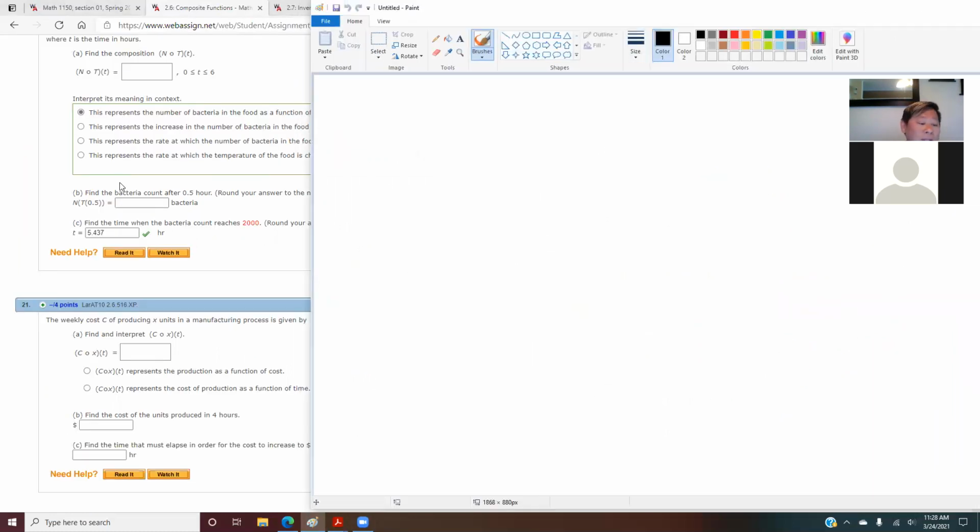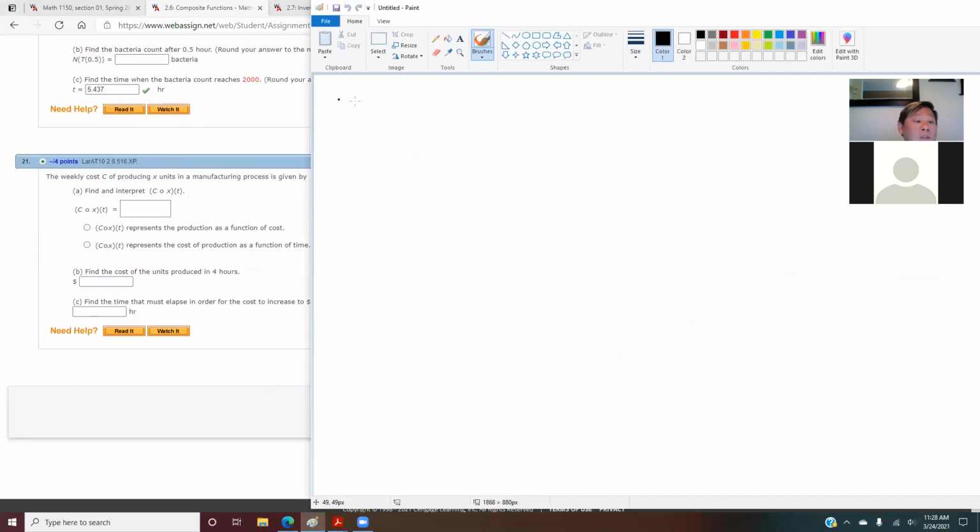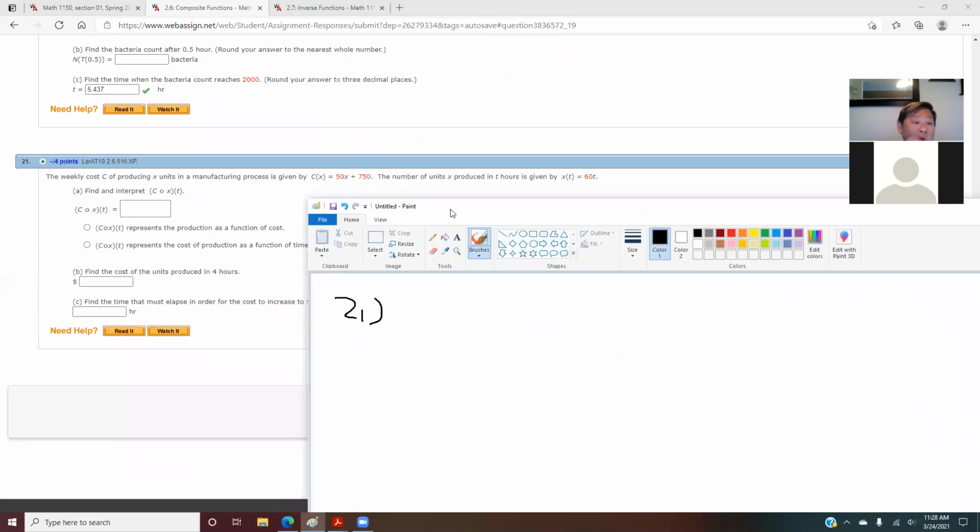And for 21, it's another word problem. It's talking about cost. So the cost of manufacturing is given by the function C of x equals 50x plus 750, where C is the cost and x is the units produced.